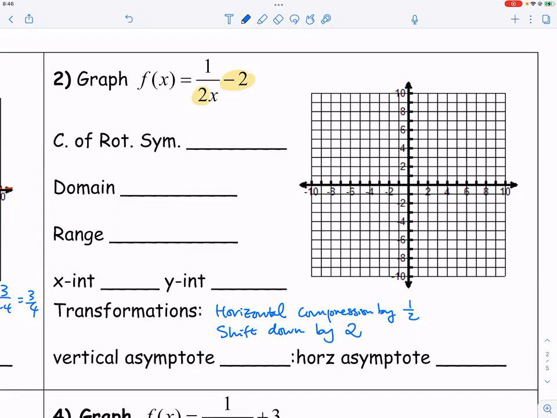So now, I believe you can go ahead and draw your asymptotes. We can first draw our horizontal asymptote since we know it's being shifted down by 2 units right there. There's no shift left or right.